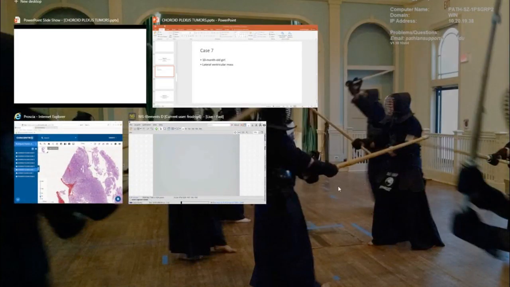The final case is a 73-year-old man that developed memory difficulties and mood swings and had a right temporal lobe cystic lesion identified.